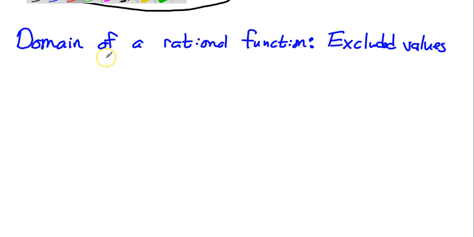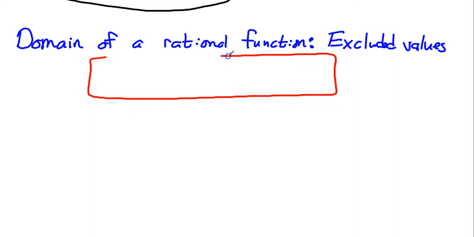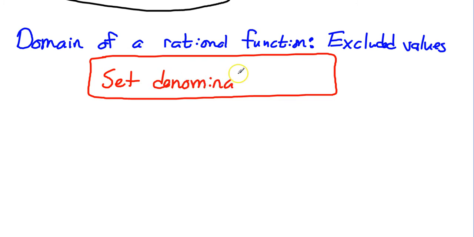Okay. For this one, here's all you do. It's just one thing. You set your denominator equal to 0. Solve that. Whatever you get, that's your excluded values. The numerator, as far as what the excluded values are, doesn't have anything at all to do with the denominator.